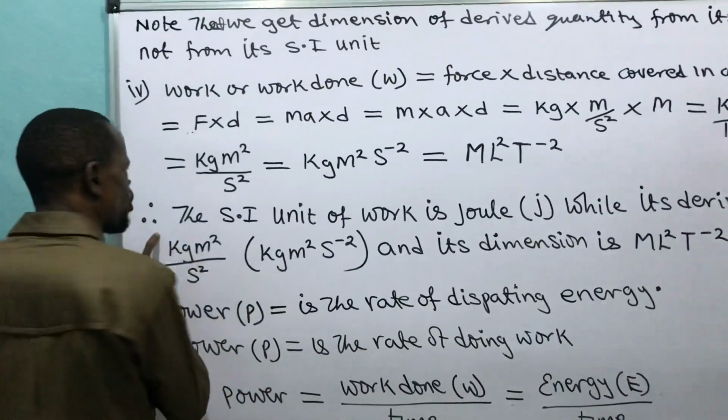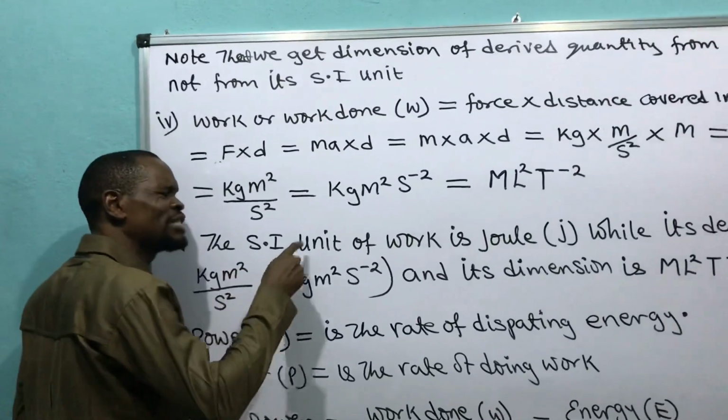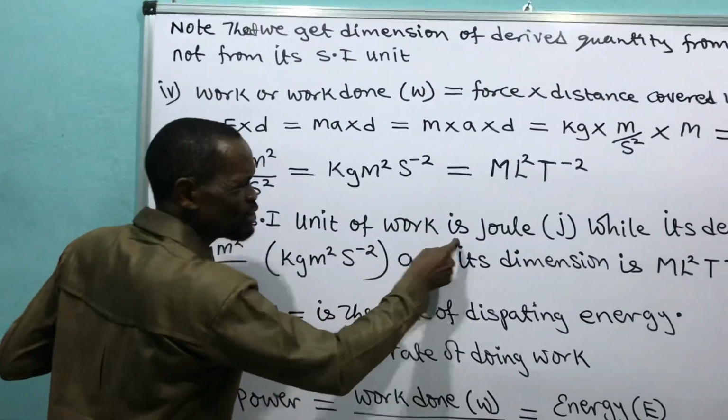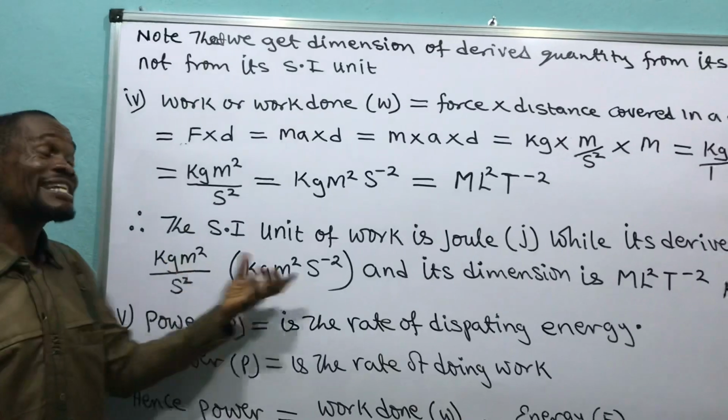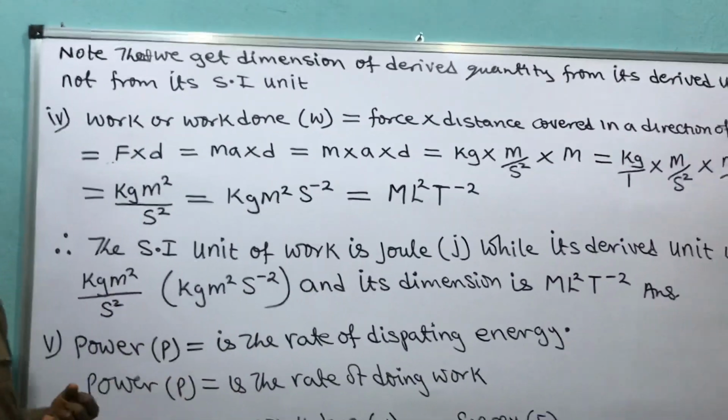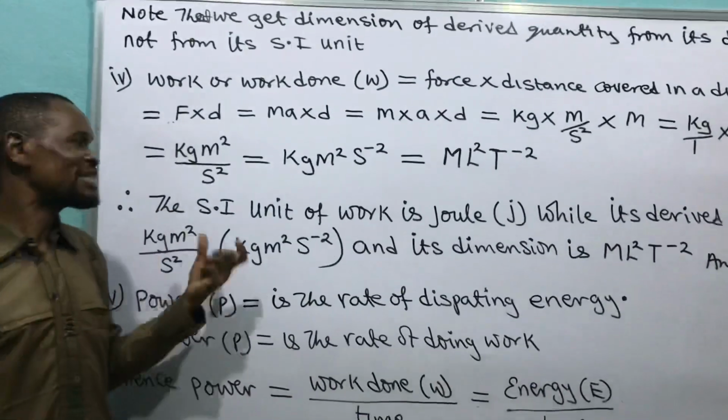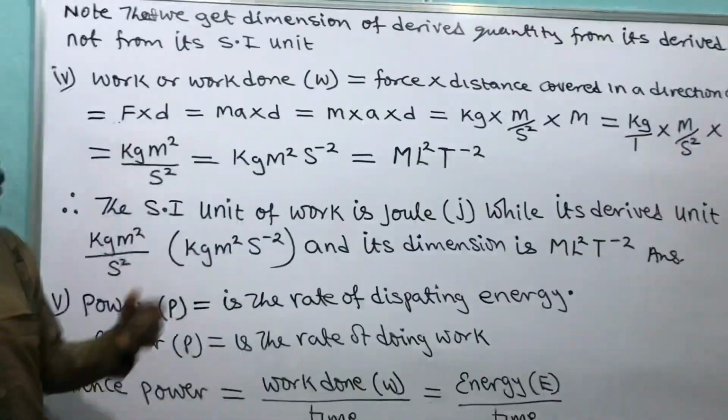So therefore the SI unit of work done is the joule. The SI unit of work done is joule.